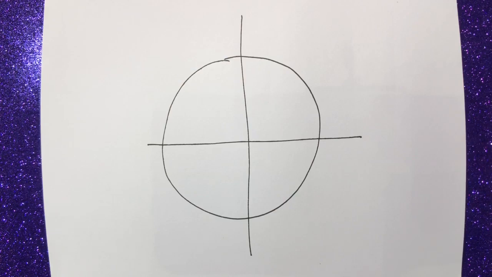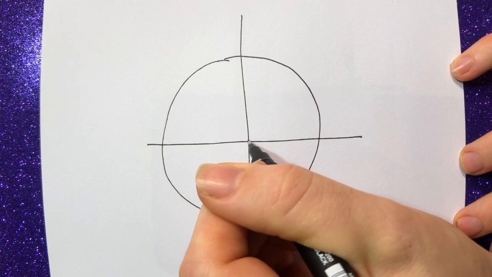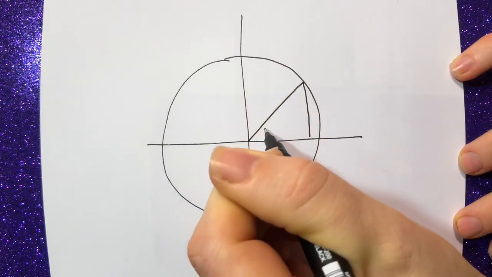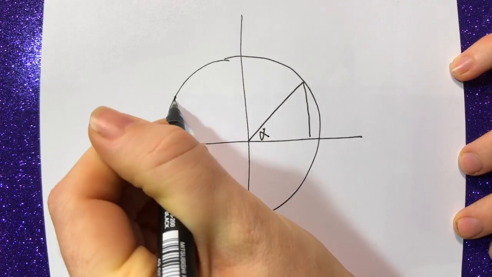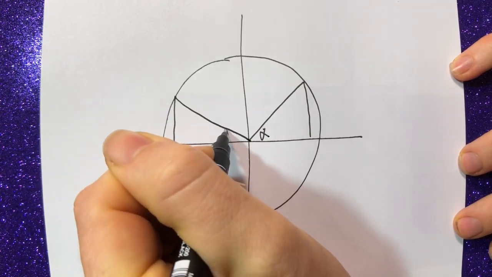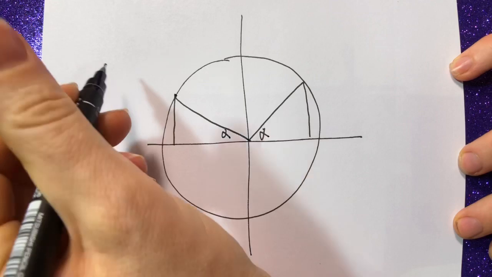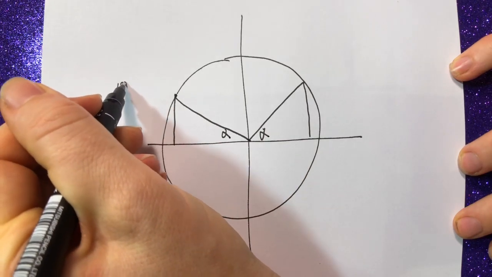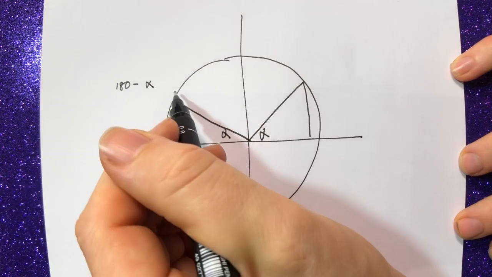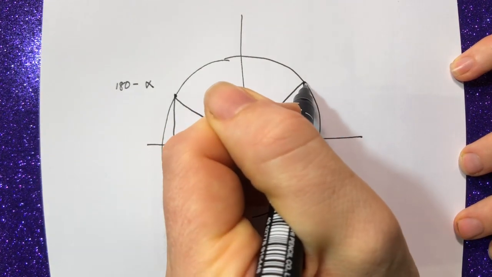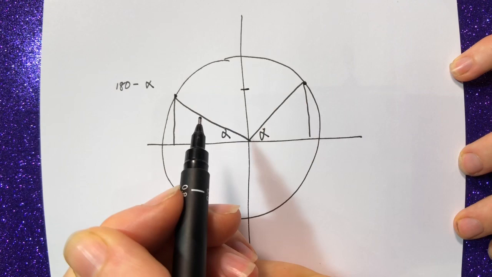What we've discovered so far is that if I have a basic angle in this quadrant, then if I put that same angle, same triangle, in this quadrant, this angle here would be 180 minus that little guy. And the sine of that angle will be the same as the sine of this angle because they share a y value.